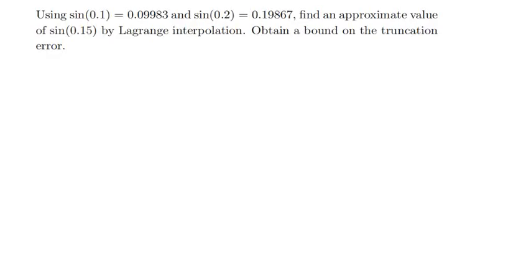Find an approximate value for sine of 0.15 by Lagrange interpolation. Then we also have to obtain a bound on the truncation error.